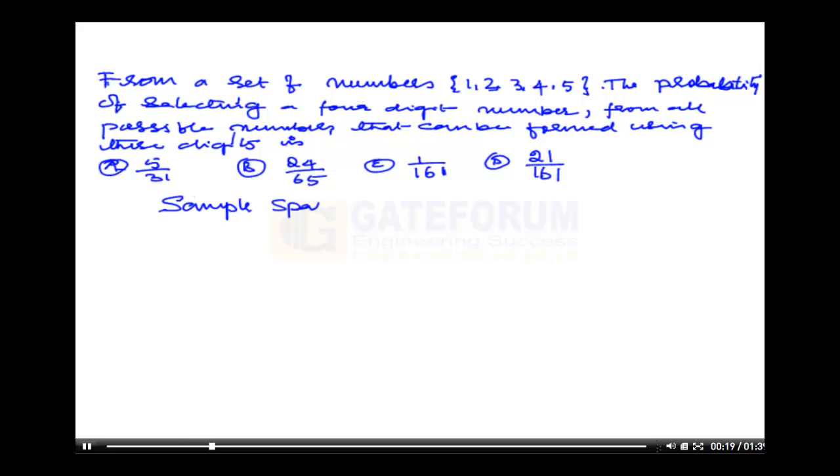In this case, sample space means we have to find the sum of 5-digit numbers, that is 5 factorial, plus 4-digit numbers out of 5, that is 5p4, 3-digit 5p3, 2-digit 5p2, again 1-digit 5p1. So the above sum will give you all possible numbers from 1 digit to 5 digits. Out of this, we have to find the probability of selecting a 4-digit number.